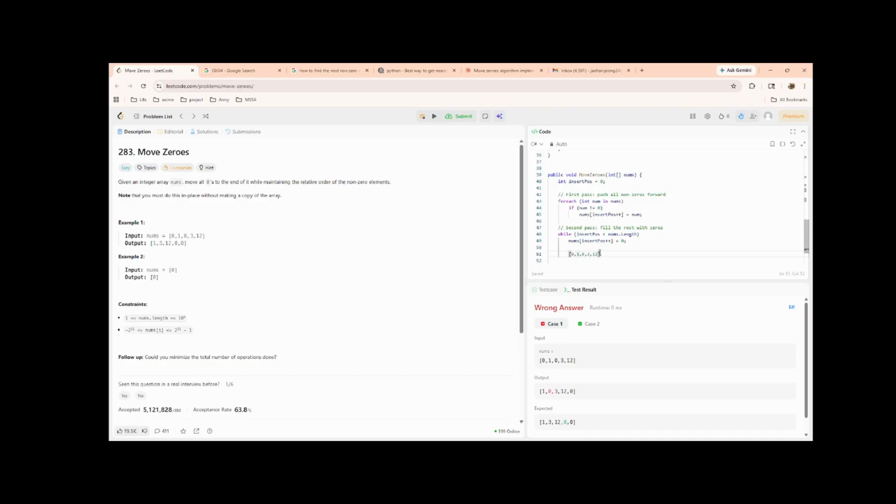So 1, 3, and then 12. And then while insert position 3 is less than nums length, which is 5, nums[insert position++] gets 0. So we were at 3, 4 would be 0, and then 5 would be 0, I think is what it's saying. I think I understand what they're trying to do.